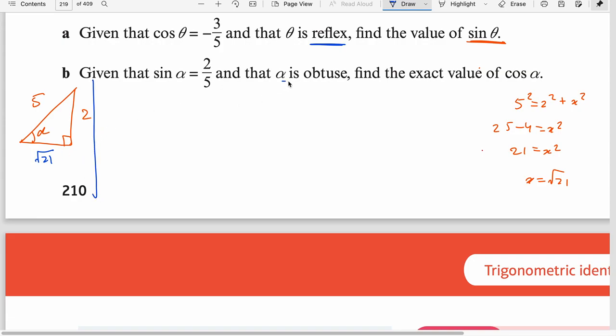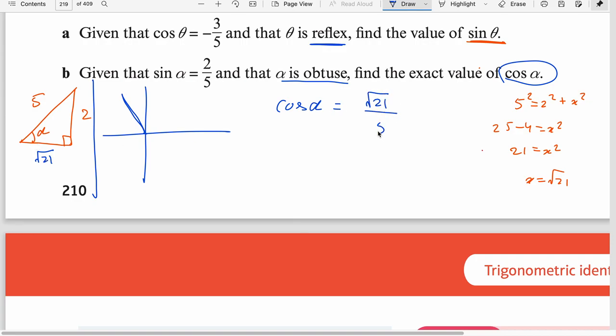And then it says alpha is obtuse. Obtuse means more than 90, less than 180. So this is where it lies. And what are we supposed to answer? That is cos of alpha. Looking at my triangle, I can see that cos alpha is square root 21 divided by 5.